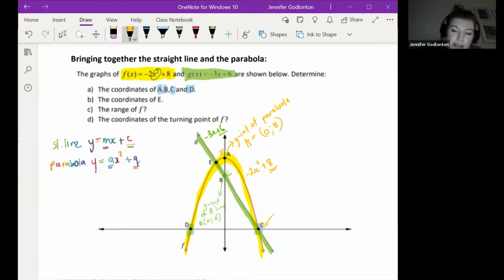Both C and D are the x-intercepts of our parabola. And when it's an x-intercept, we make y equal to 0.